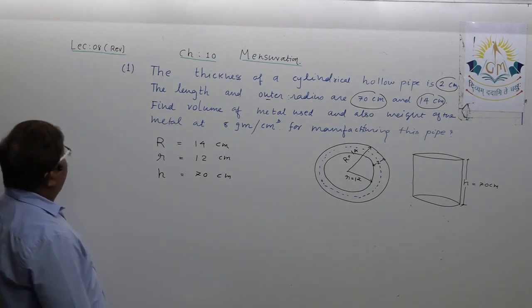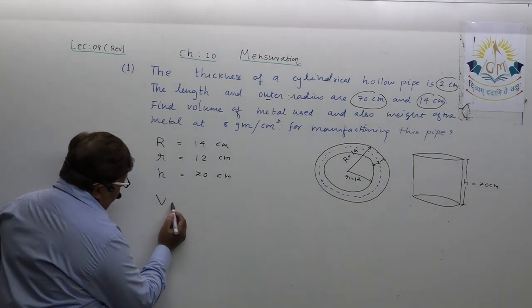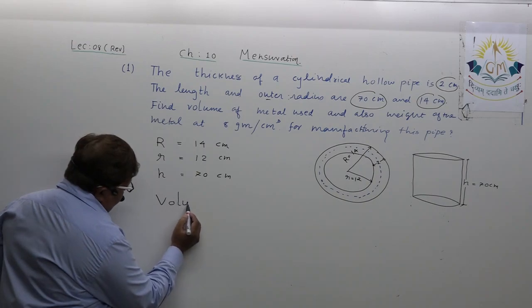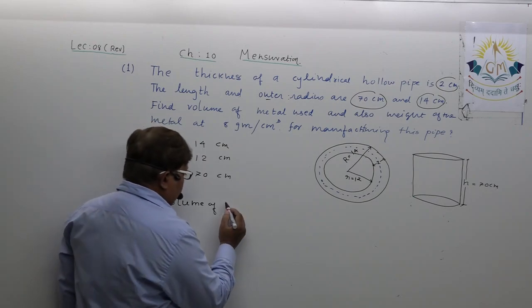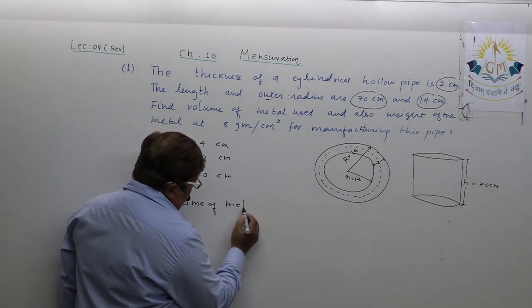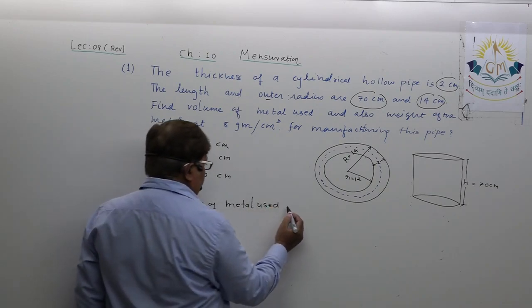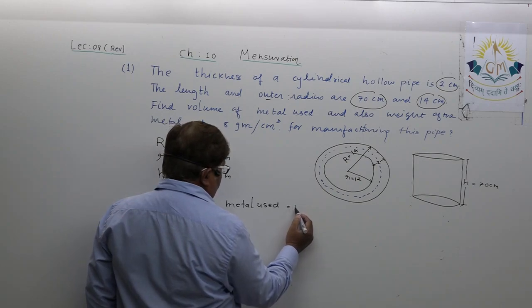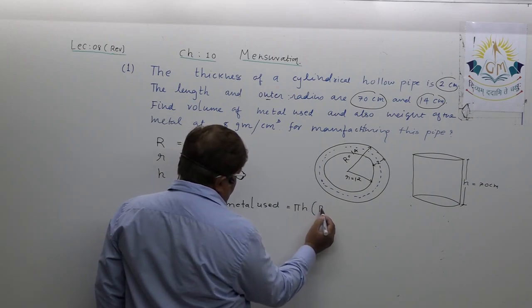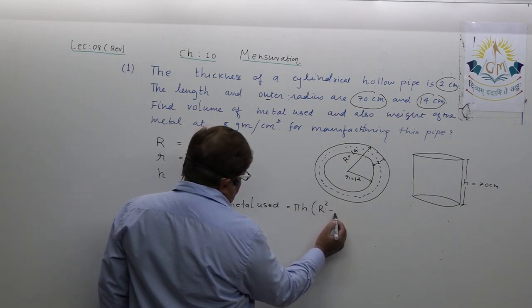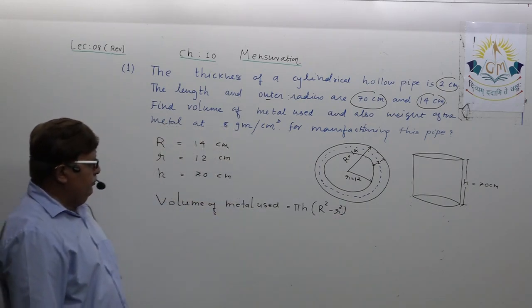Let us first write volume of metal used equals to, you know the formula, dear student, pi h, capital R square minus small r square.